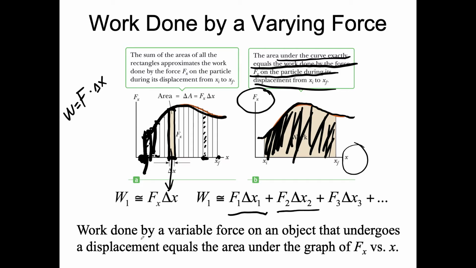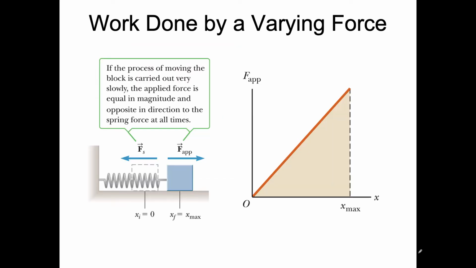In conclusion, the work done by a changing force on an object for a displacement equals the area under the graph of force versus position. Okay, now we're ready to find out the work done by a spring force.